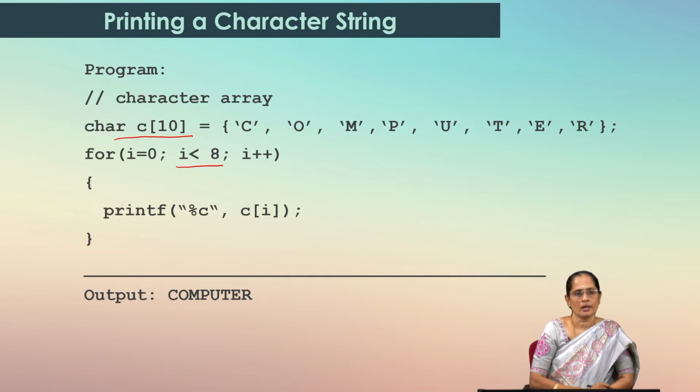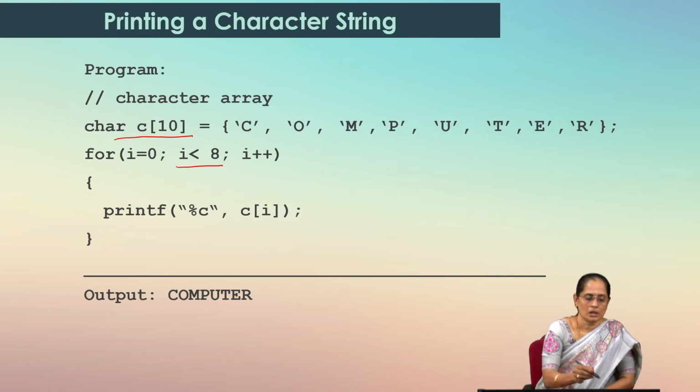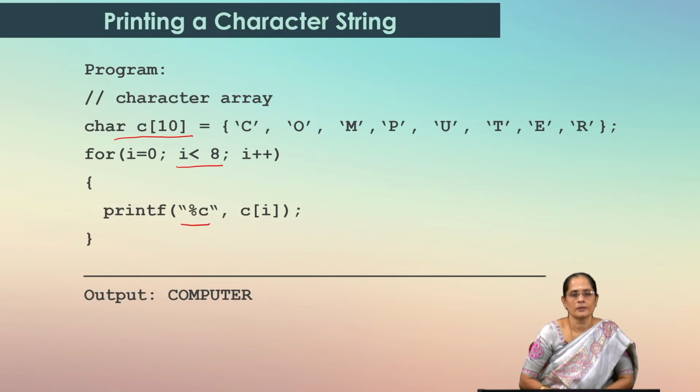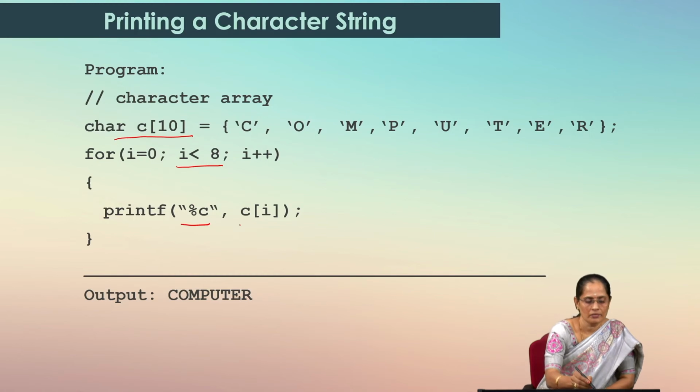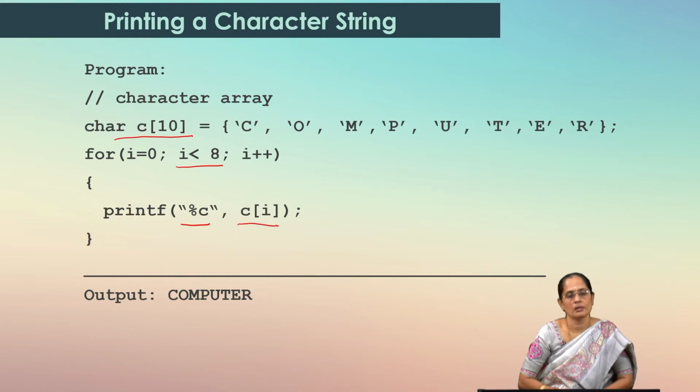So, for I equal to 0, I less than 8, I plus plus, I am using the control string %c to print the character, and here we use the array.